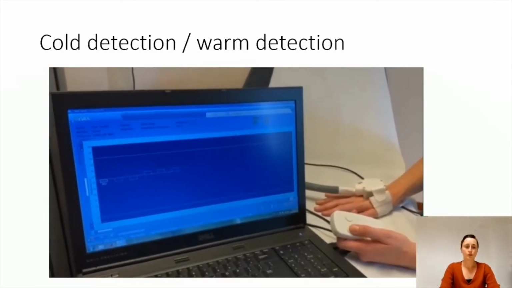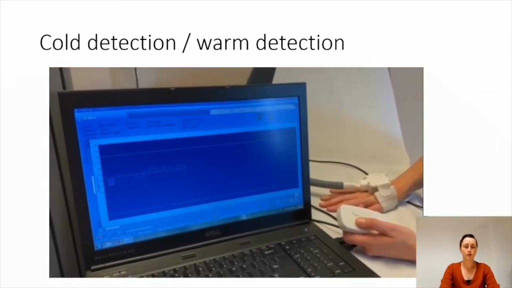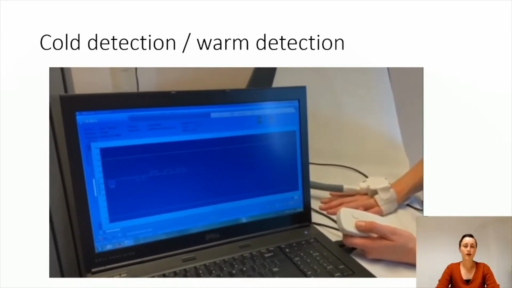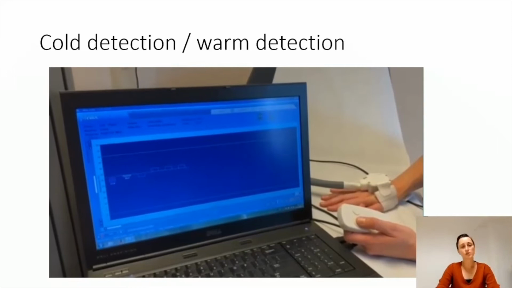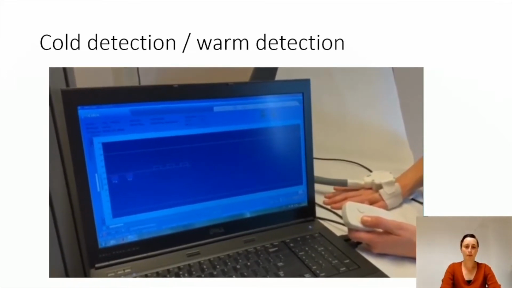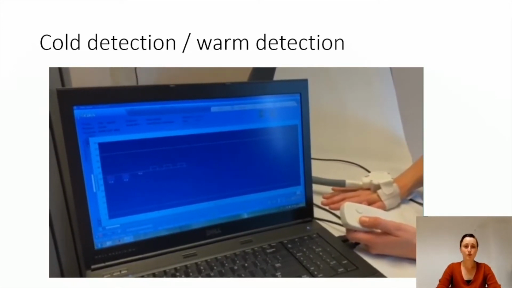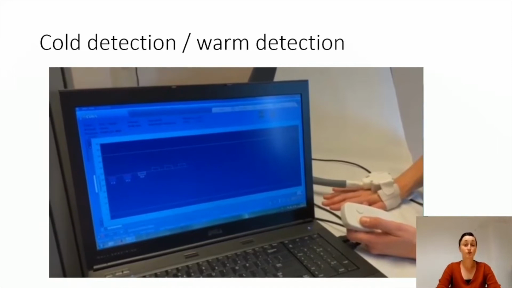What is shown here is that the temperature is decreasing at 1 degree per second. As soon as the subject feels the sensation of cold, he or she will press a button. The test will stop, return to baseline, and the test will be repeated, in this case 4 times.